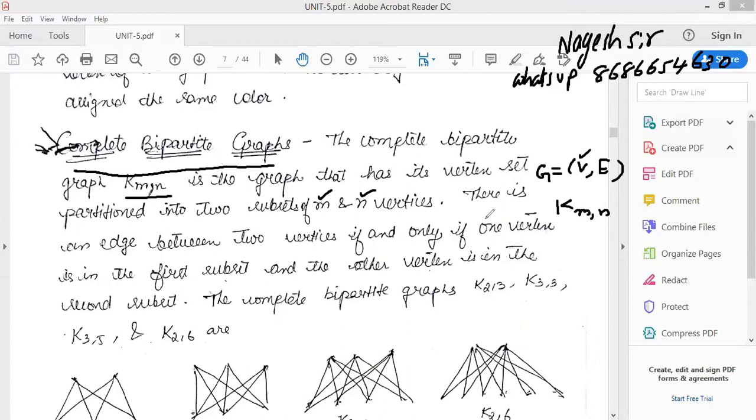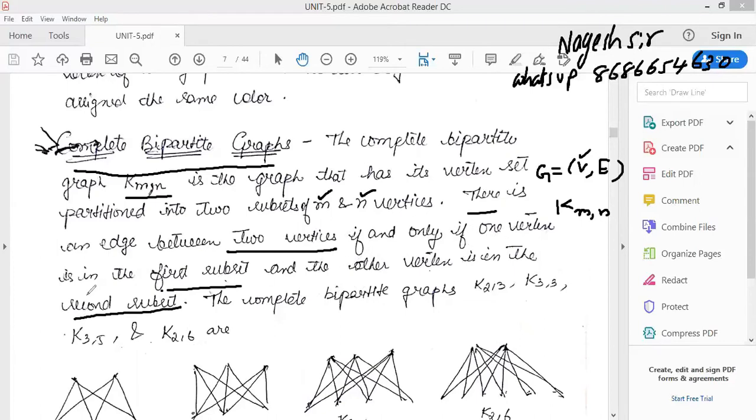Now the definition: what does a complete bipartite graph mean? There is an edge between two vertices if and only if one vertex is in the first subset and the other vertex is in the second subset. Listen to this carefully.